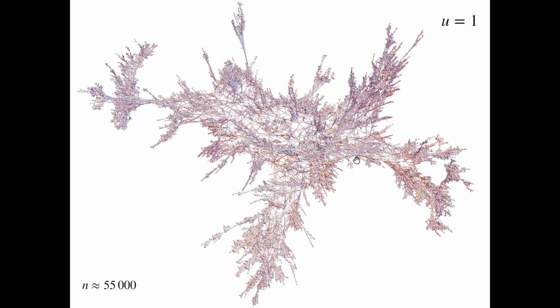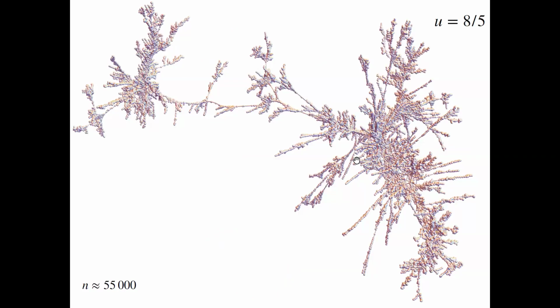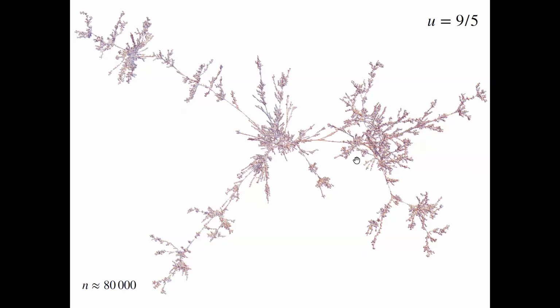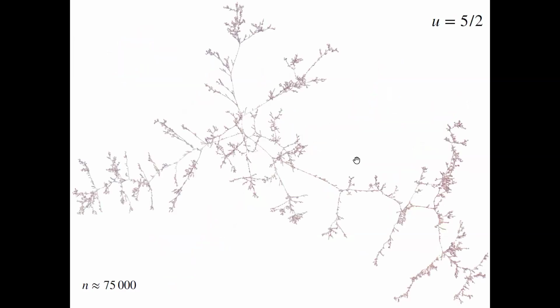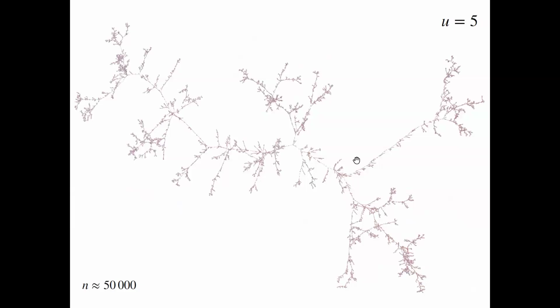I've done a few simulations to show you what such maps look like. So this is for u equals 1, so it's a uniform map. Then u equals 8/5, u equals 9/5, u equals 5/2, and u equals 5.